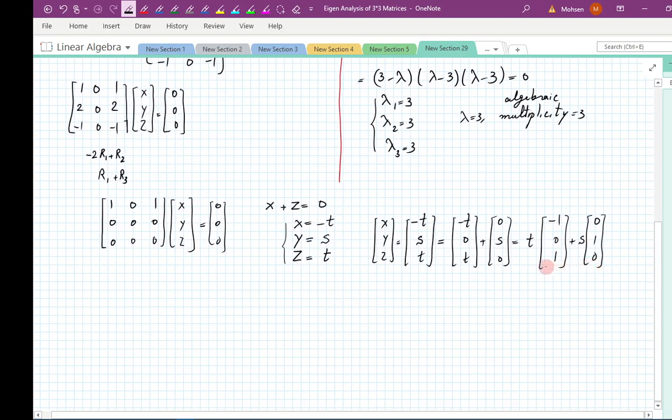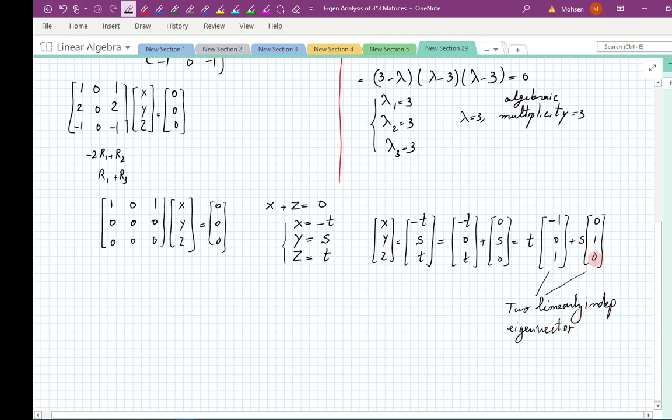Any linear combination of them with any factors is going to be an eigenvector associated with eigenvalue 3. How many linearly independent eigenvectors can I have? I can have 2. So here we indicate 2 linearly independent eigenvectors.